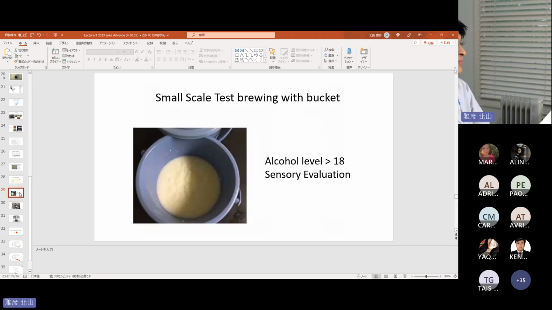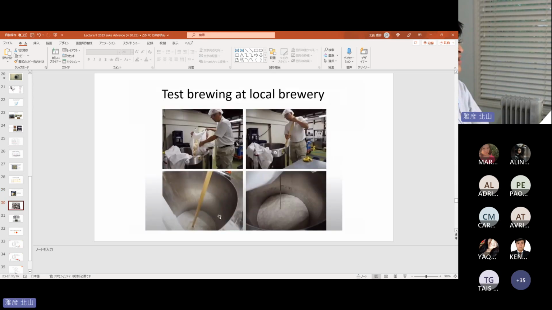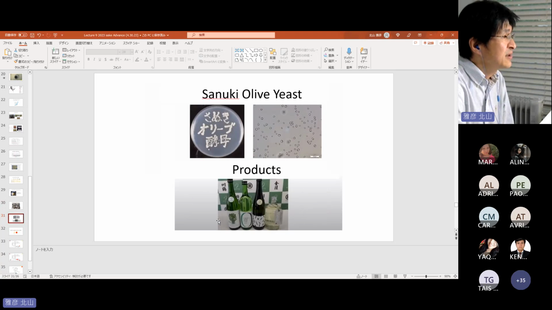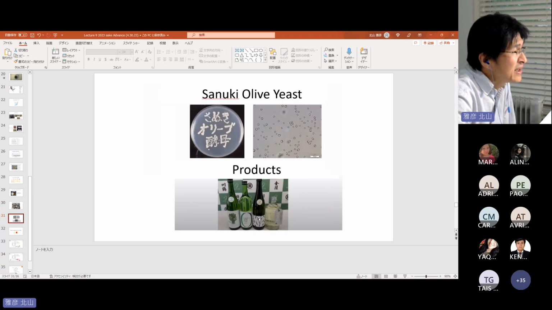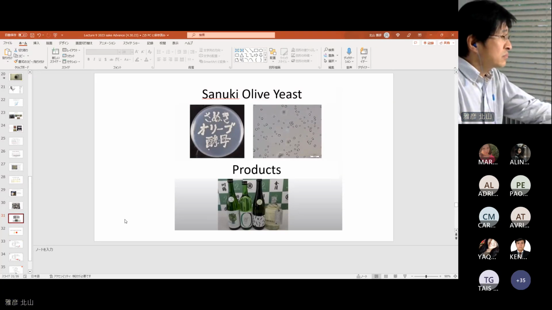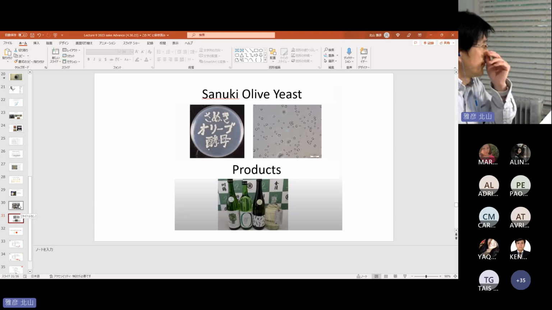Not this type, but they tried to scale up using KY number 4 strain. And 4 companies these days are making sake using this yeast strain, which they isolated from olive fruit. So this is one story of how people try to isolate a new yeast strain.